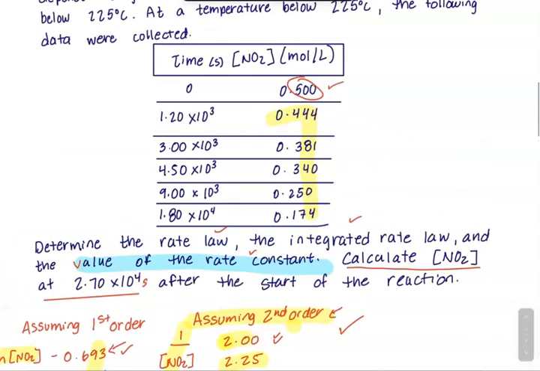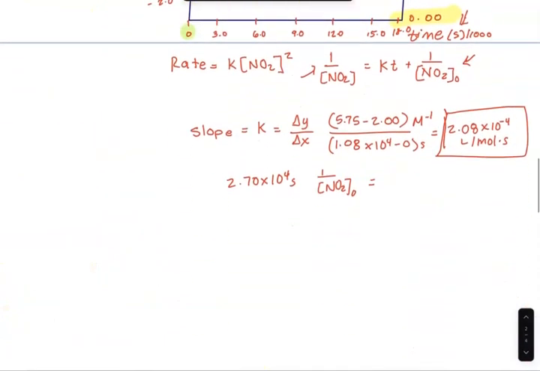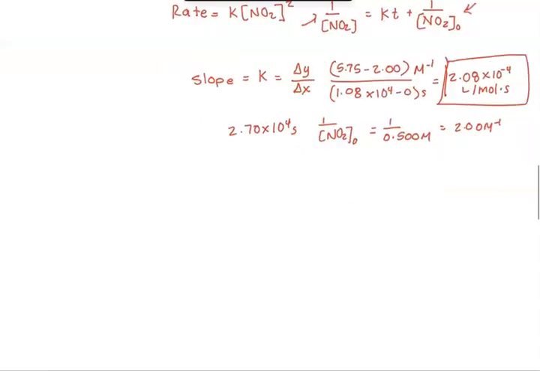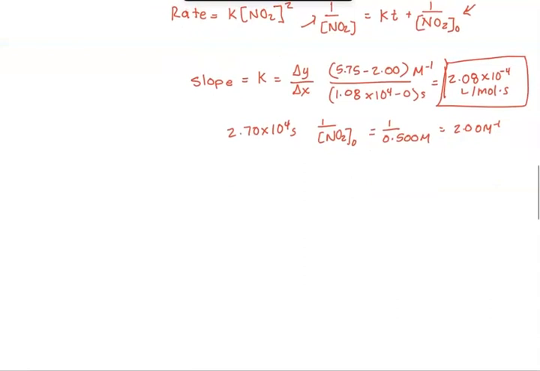First value, 0.500, so 1 over 0.500 molarity. Put that into the calculator, we get 2.0 molar minus 1 for our units. All right, so I'm going to save that as well. Might come in handy. So let's continue.